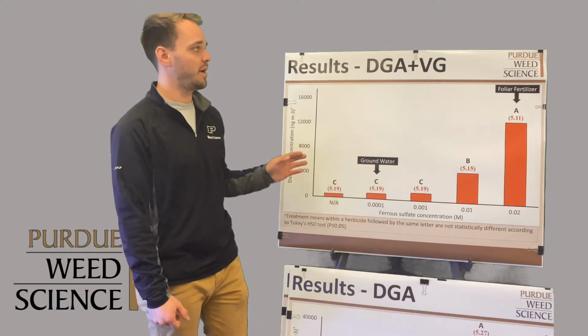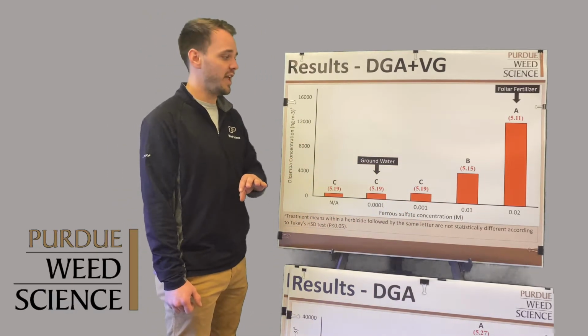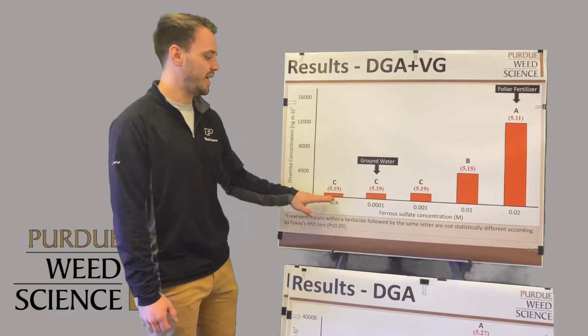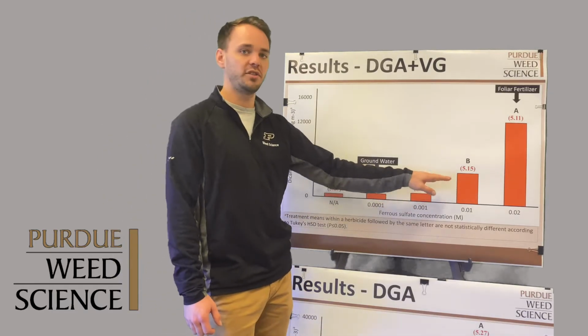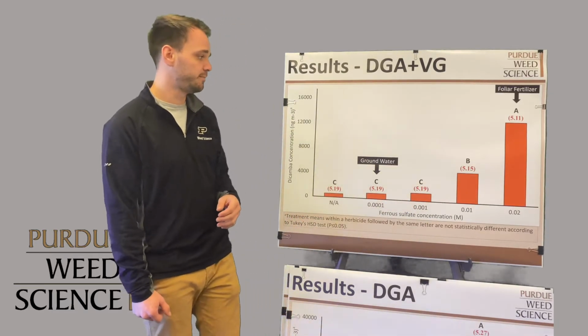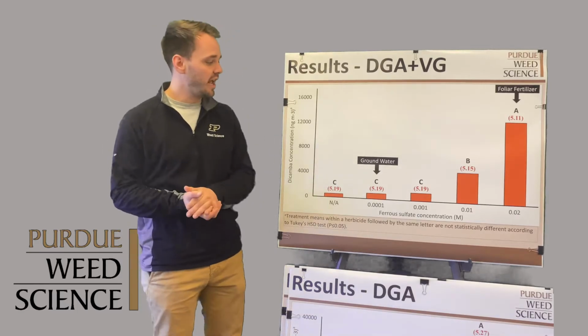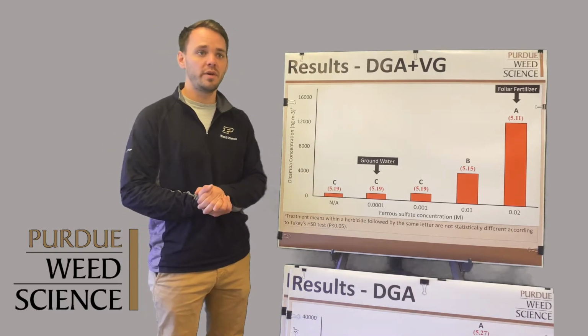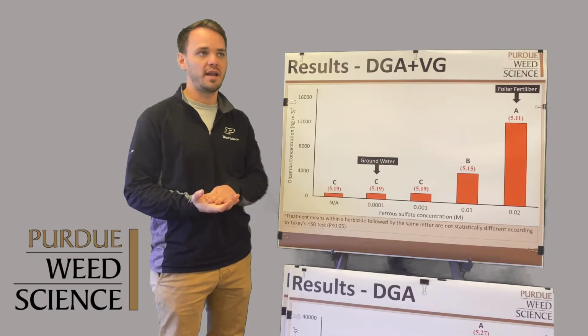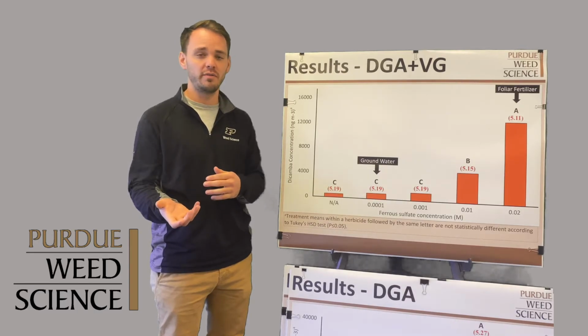And the dicamba plus VaporGrip contains a pH buffer that keeps the pHs of all these treatments relatively similar.